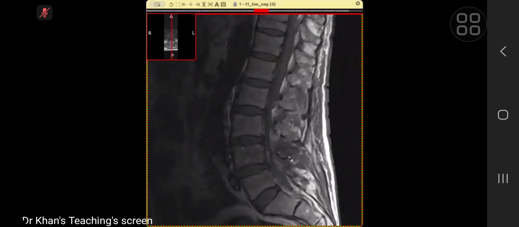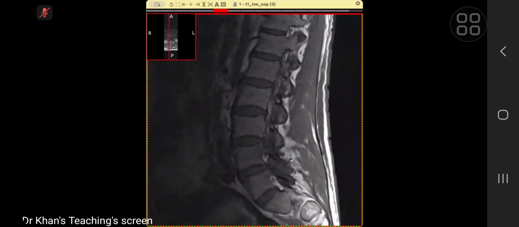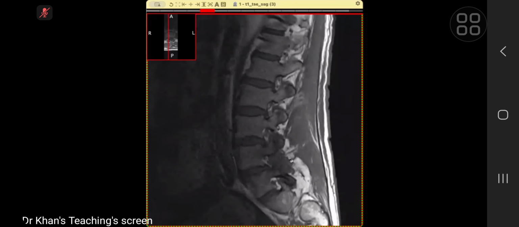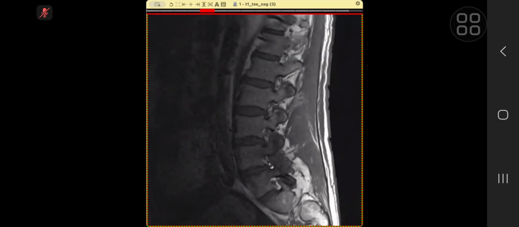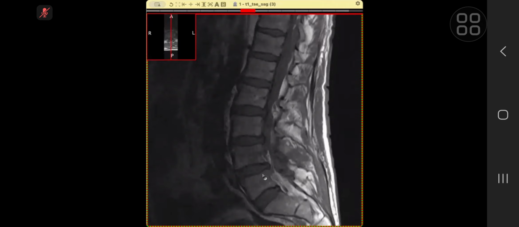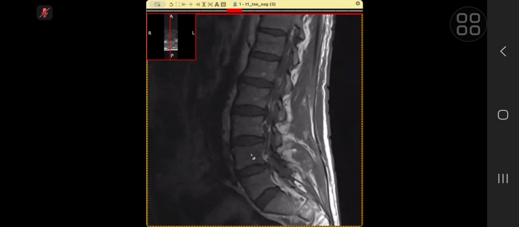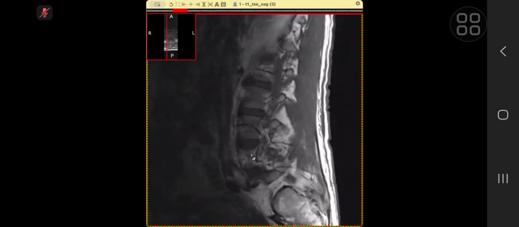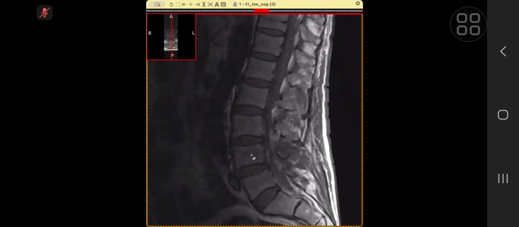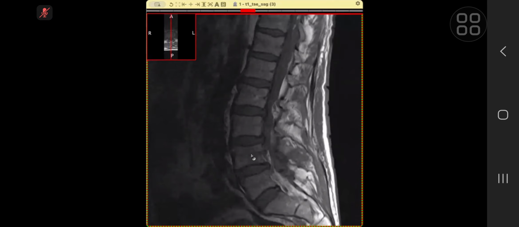Always comment on signal intensity, which is lower. So abnormal marrow signal is usually lower in signal as compared to the intervertebral disc. And you must say that the rest of the vertebral bodies have normal marrow. But before going for post-contrast or anything, ask for a STIR sequence.